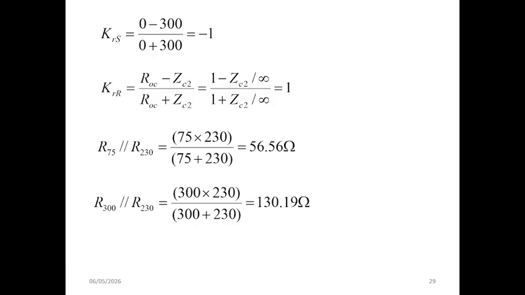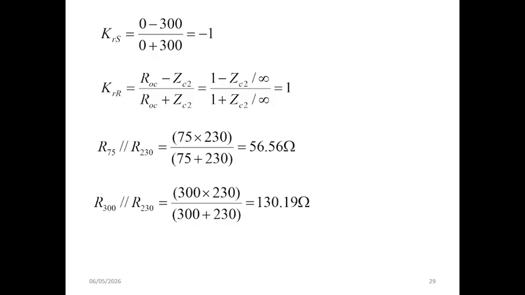Okay, the slide then evaluates the equivalent resistance formed by the parallel combination of the surge impedances and the shunt resistor. Especially, the parallel combination of 75 ohm and 230 ohm results in approximately 56.56 ohm, while the combination of 300 ohm and 230 ohm gives about 130.19 ohm.